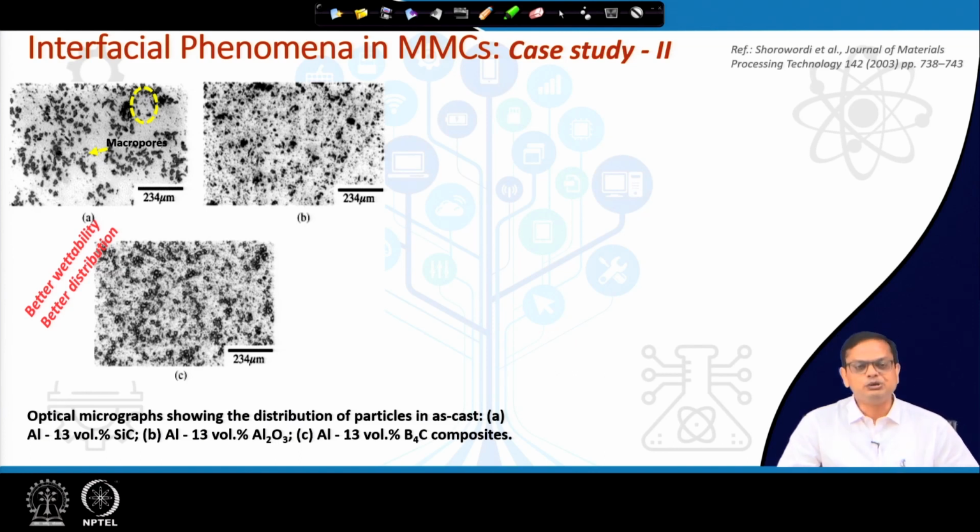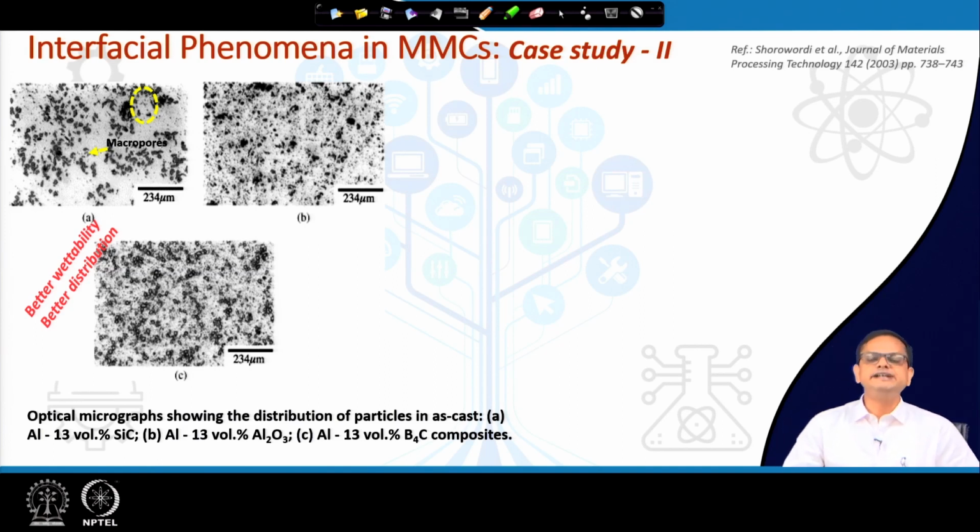That is happening because B4C particles would have some amount of thin oxide layer of B2O3 intrinsically in all B4C particles. It is very difficult to avoid that oxide formation on B4C particles.